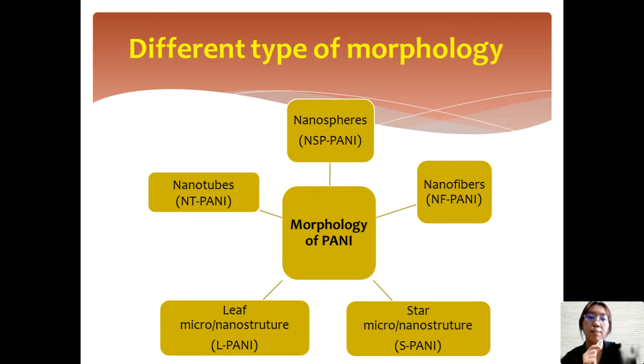There are 5 morphologies synthesized in this research, which are polyaniline nanotubes, nanosphere, nanofiber, star, and leaf micro nanostructure.